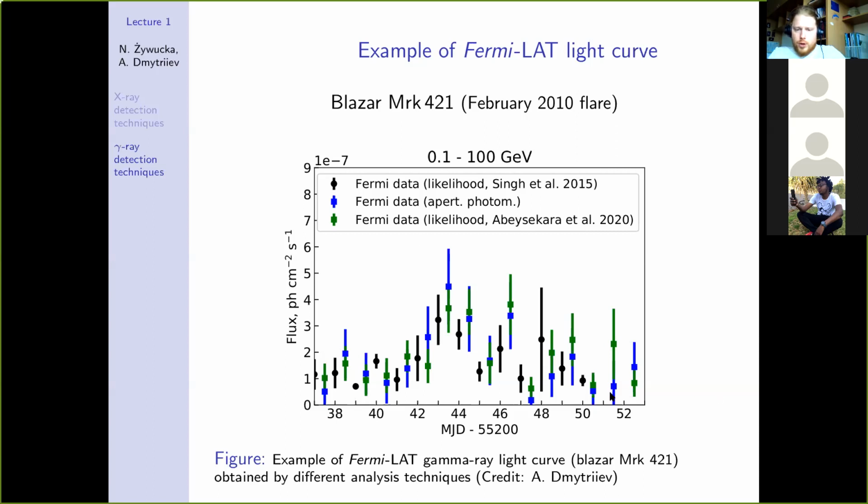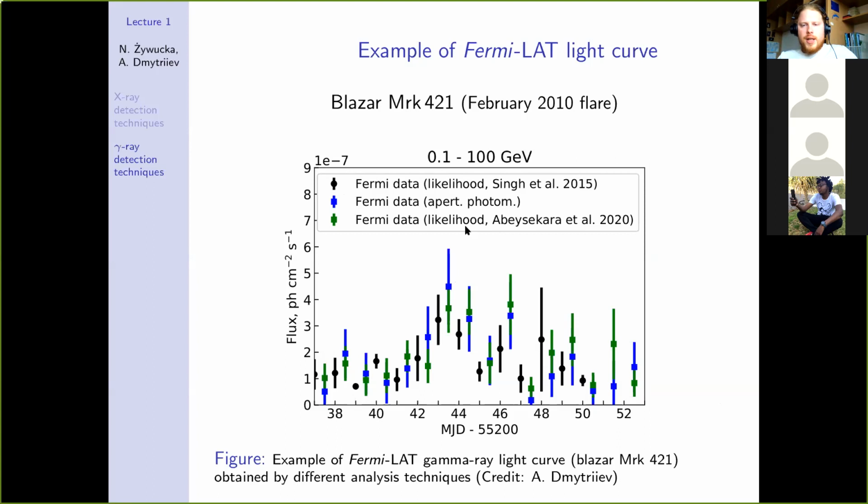And so you see there is a flash of gamma rays, and these are the gamma rays collected in the range of 0.1 to 100 GeV. And I compare different data. Fermi LAT data by aperture photometry, the blue dots, and black is the likelihood analysis performed with old instrument response functions.